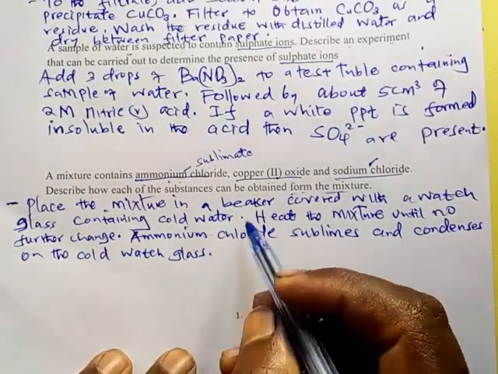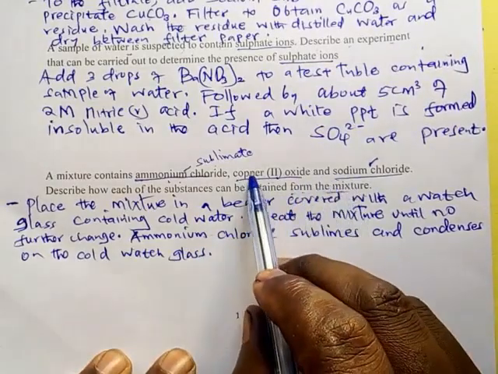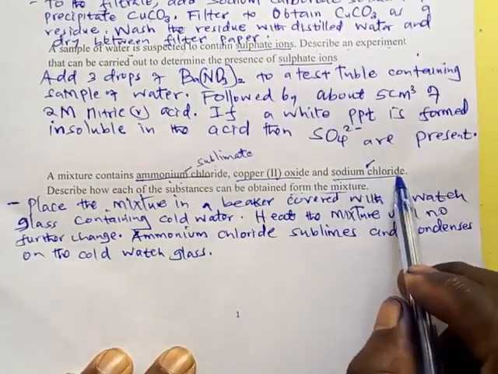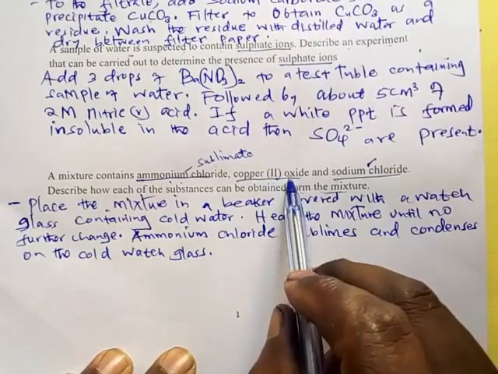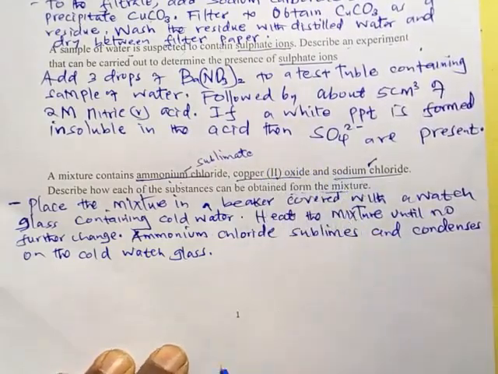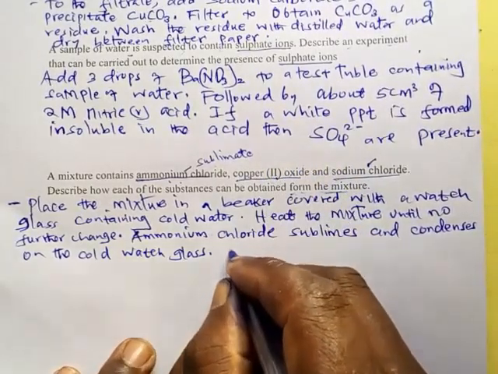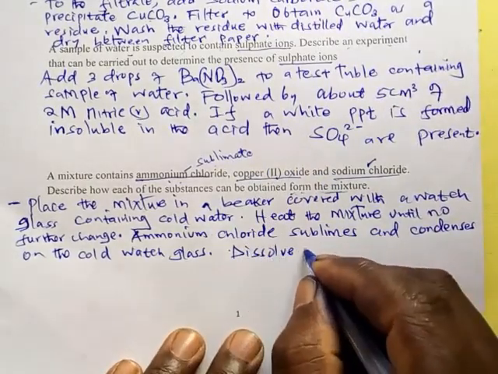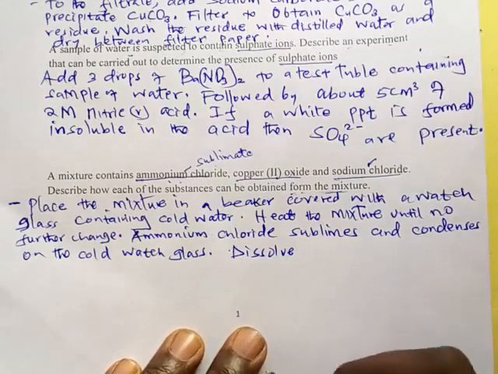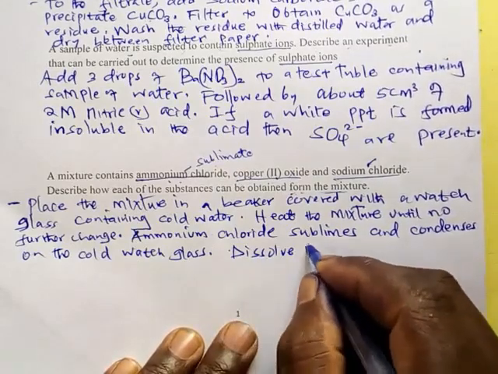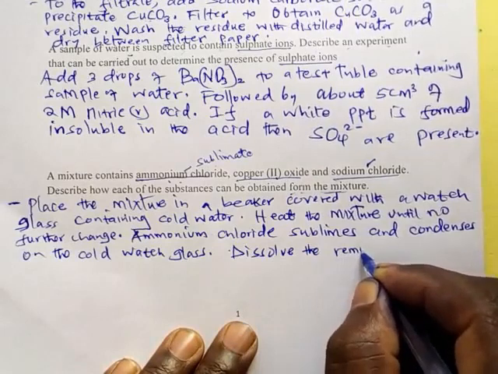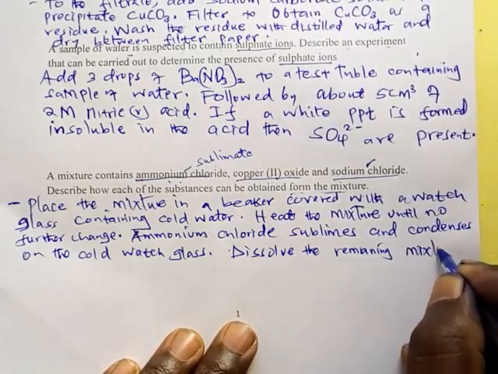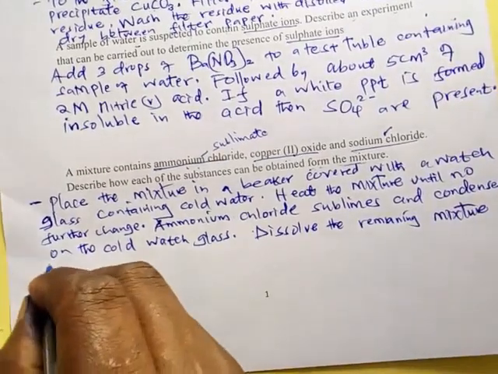Next, we are left with copper(II) oxide and sodium chloride, but we know sodium chloride is soluble and copper(II) oxide is insoluble. Therefore, we dissolve this in water. Dissolve the remaining mixture in water.